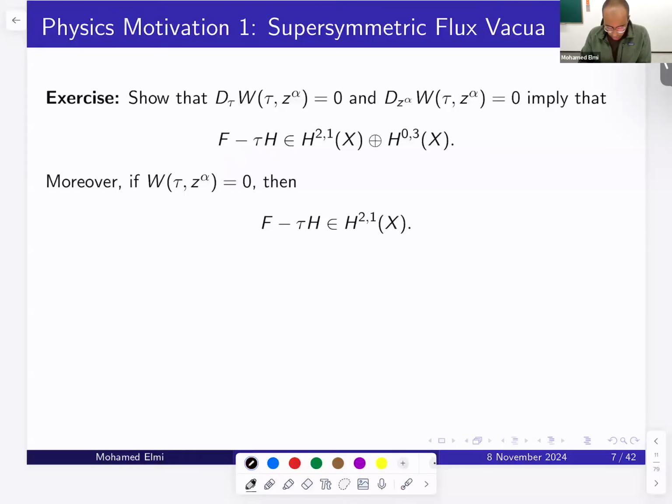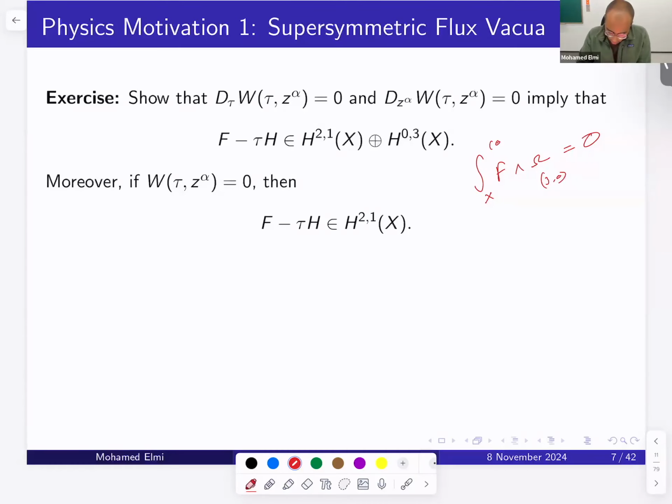And really, what you should do, I can give you a hint, is if you have some, say, F, you integrate it against omega, and this vanishes, well, this tells you that this F has no 0-3 part, because this is a 3-0 form.